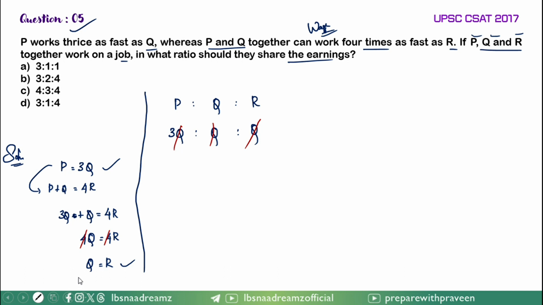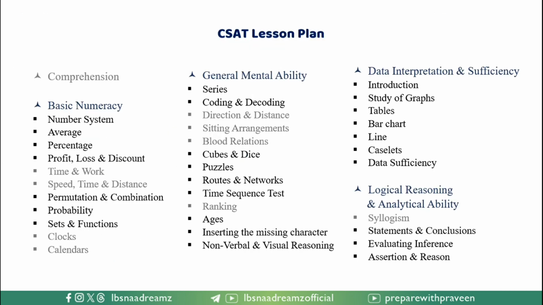After that, we will get 3 is to 1 is to 1. So they will share their earnings like this: 3 is to 1 is to 1. So option A, 3 is to 1 is to 1 is the right answer. So with this, we are concluding lesson 10, time and work.